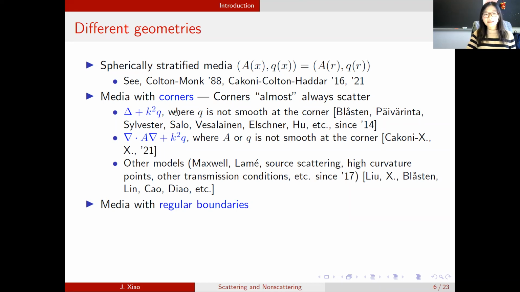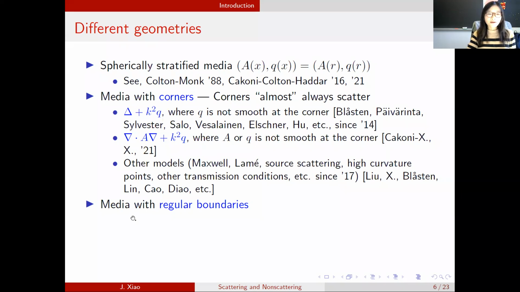So this is the story for scattering media where the shape has a corner type of singularity. We may think about the case between corners and spherically stratified. In particular, for spherically stratified media, the support of the media shape is always a sphere, or a disk in 2D. So we may ask what about things in between.